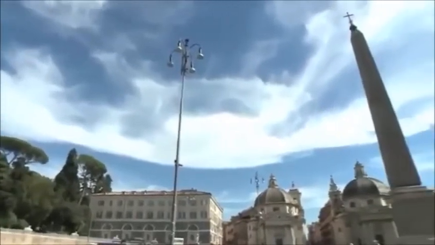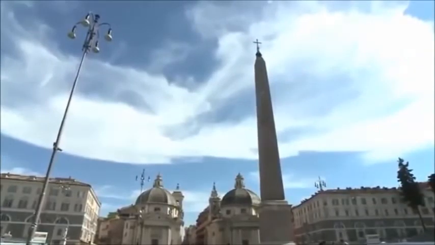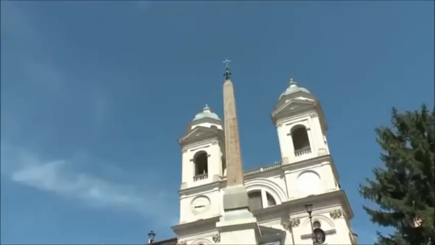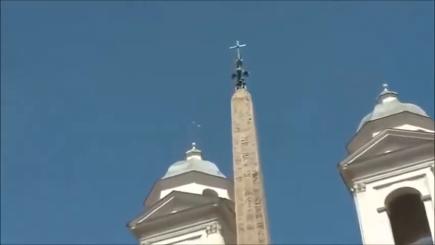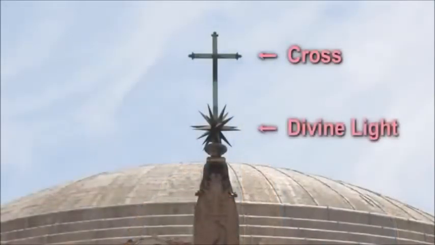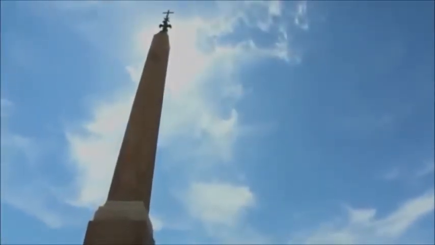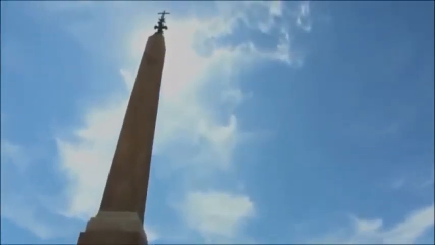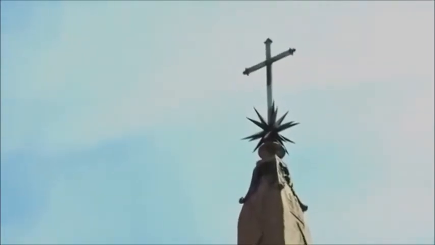Then why are the obelisks, the symbol of sun worship, set up in front of the Catholic churches? When we look carefully at the obelisk standing in front of the Catholic Church, it has the star-shaped divine light and cross, which symbolize the sun. Just as the obelisk is the symbol of sun worship, the cross on top is also the symbol of sun worship, which originated from Babylon.